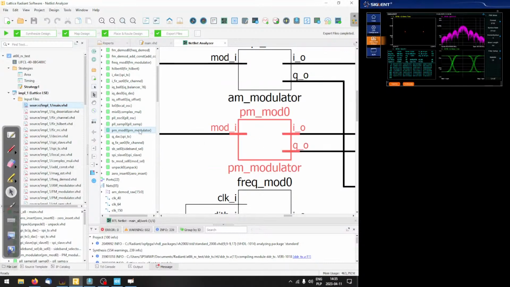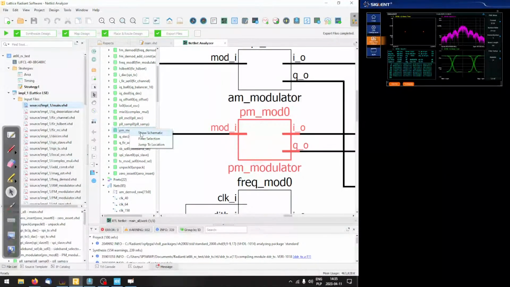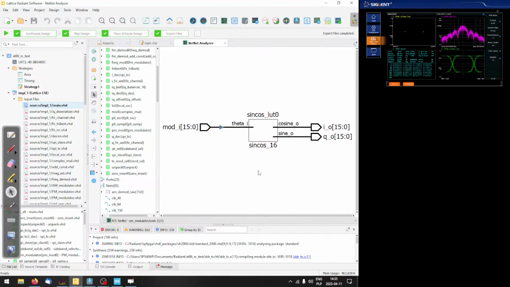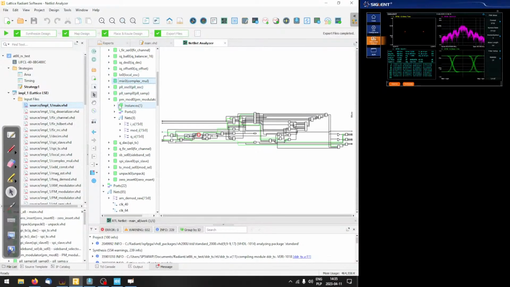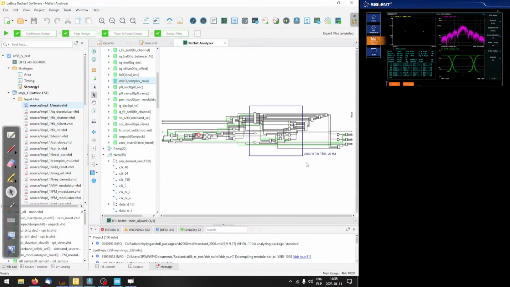And if we take a look at the phase mod, that's very simple. That's just the lookup table disguised as a different block. So we take the 10 most significant bits from the mod_I input and output cosine and sine values for that angle. And that's it. Yeah, so nothing changed here.